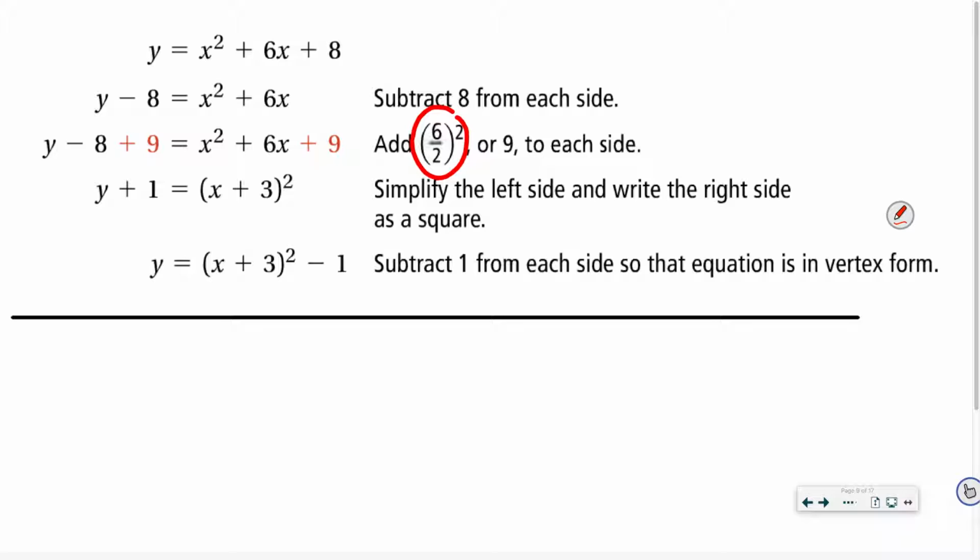Once I have this perfect square trinomial, I can rewrite it as the product of two binomials, more specifically, the binomial times itself, which is this x plus 3 squared. And the last thing I would do to put it in vertex form is take away the 1. I can identify my vertex at this point, negative 3, and a negative 1. I'm just going to pause if people are still writing.